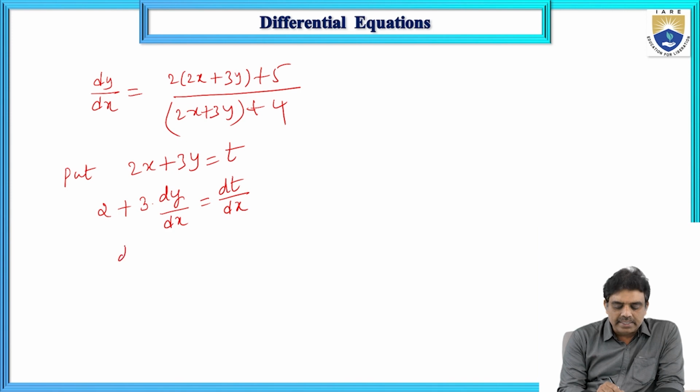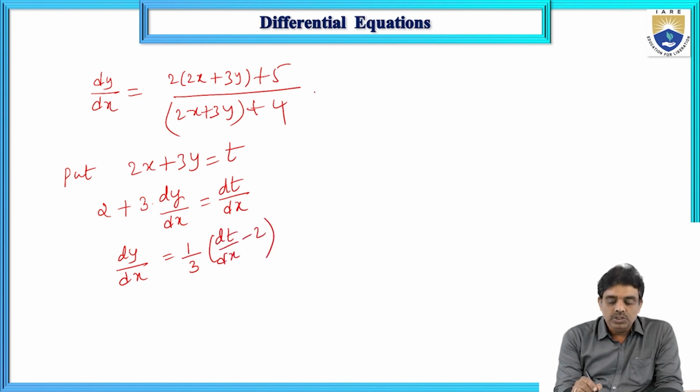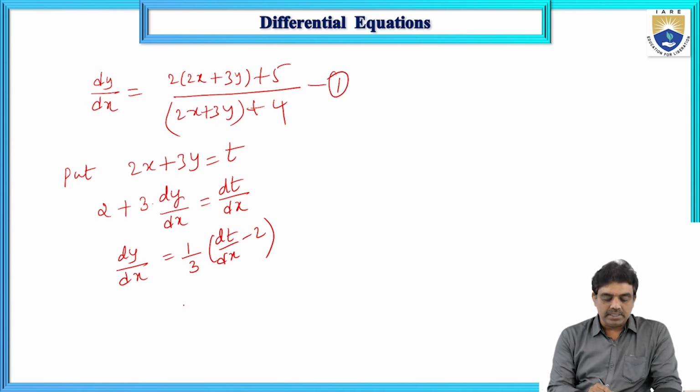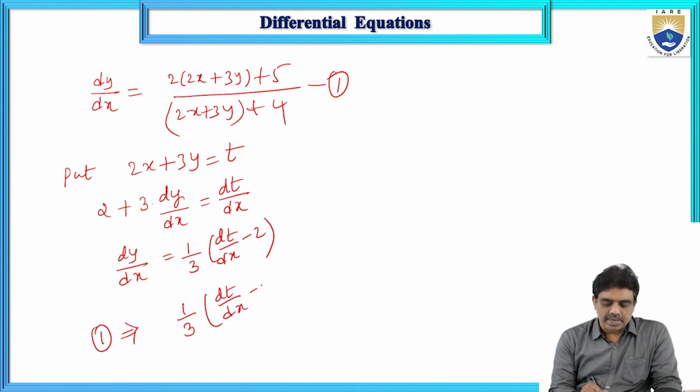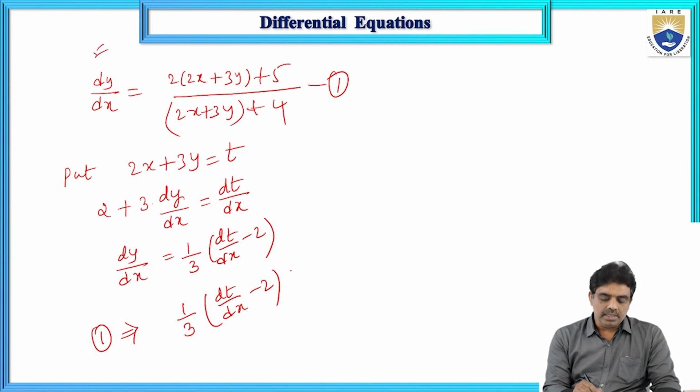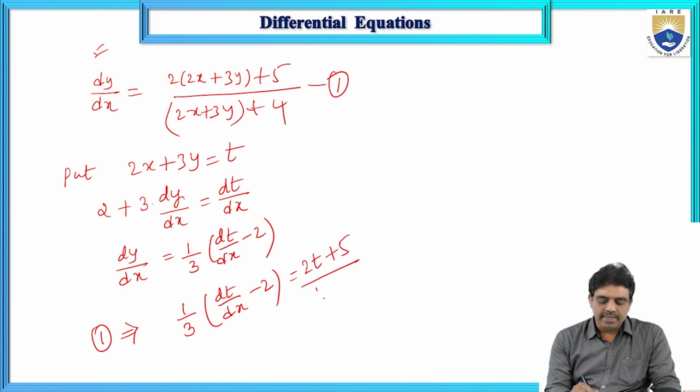Or what I can write is dy by dx is equal to 1 by 3 into dt by dx minus 2. So equation 1 gives 1 by 3 into dt by dx minus 2, which replaces dy by dx. On the right hand side, it will be 2t plus 5 by t plus 4.